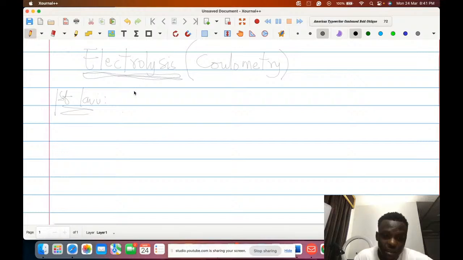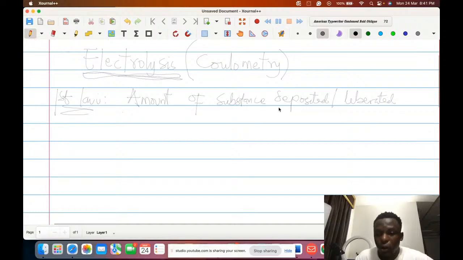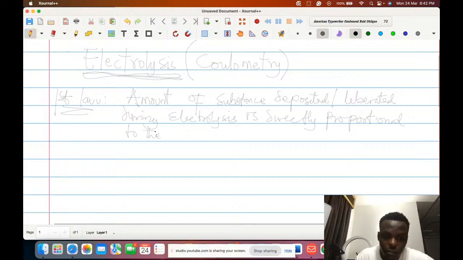the amount of substance deposited or liberated during electrolysis is directly proportional to the quantity of electricity passed.